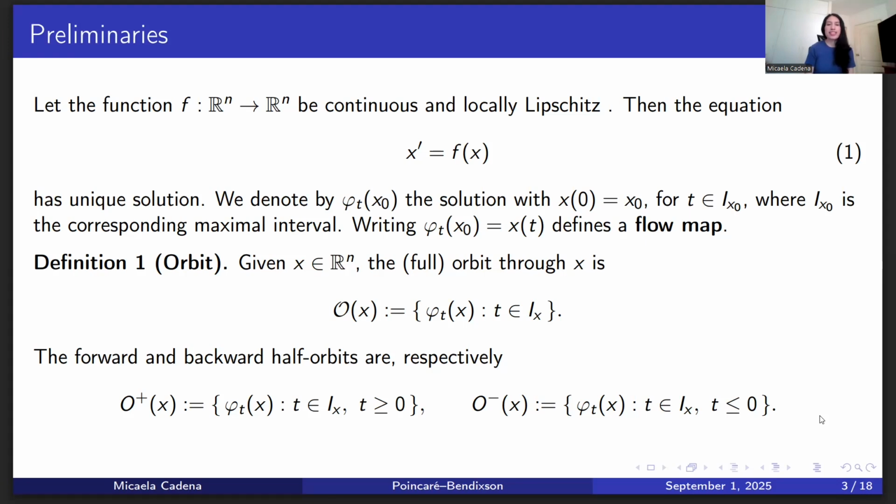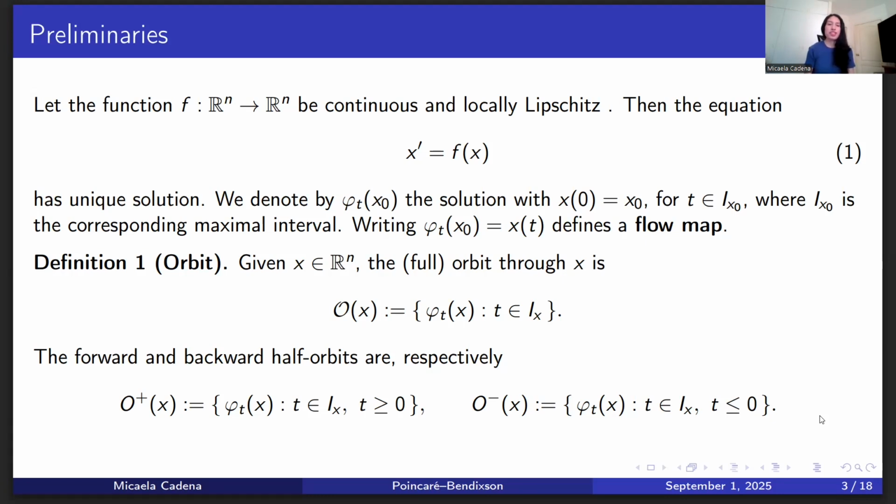We denote by phi t of x0 the solution of equation 1 with initial condition x0, which would be the solution evaluated at time or parameter t equals 0, and t belongs to I of x0, where I of x0 is the maximal interval of the solution of 1. Then the flow map would be defined by writing phi t of x0 equal to x of t.